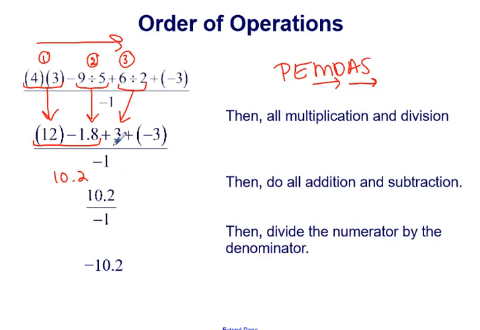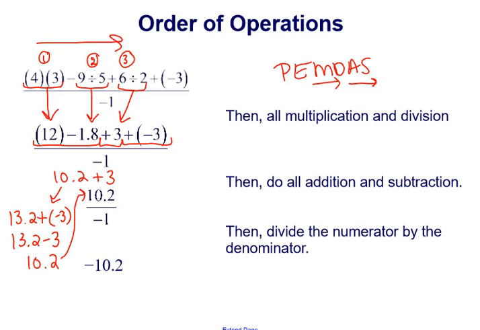Then we still have plus 3. So 10.2 plus 3 is going to be 13.2. And then plus a negative 3, which is really 13.2 minus 3, gives us 10.2.